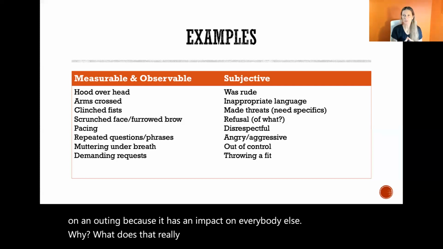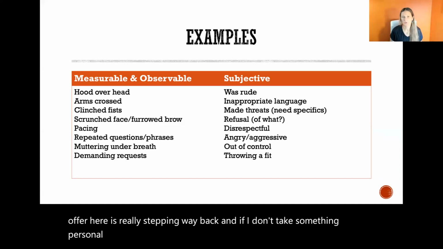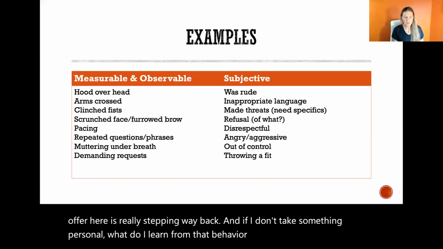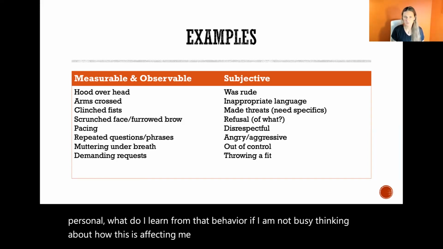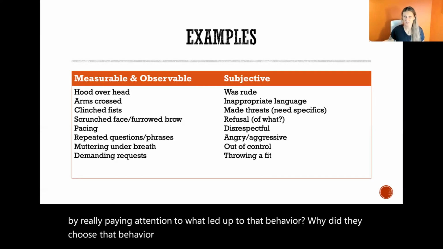That's part of what I'm trying to offer here, really stepping way back. If I don't take something personally, what do I learn from that behavior? If I'm not busy thinking about how this is affecting me on a personal level, then what can I learn by paying attention to what led up to that behavior? Why did they choose that behavior? And what are they getting out of it?